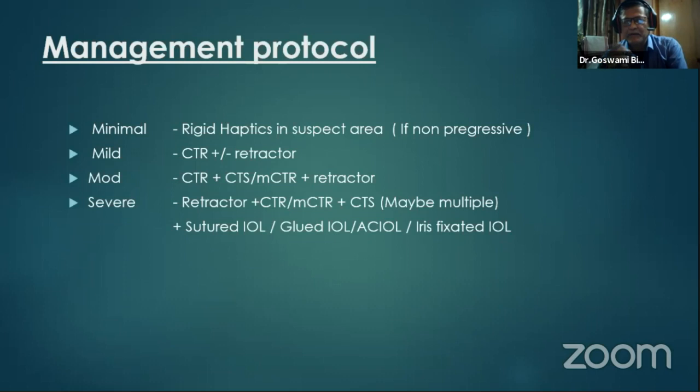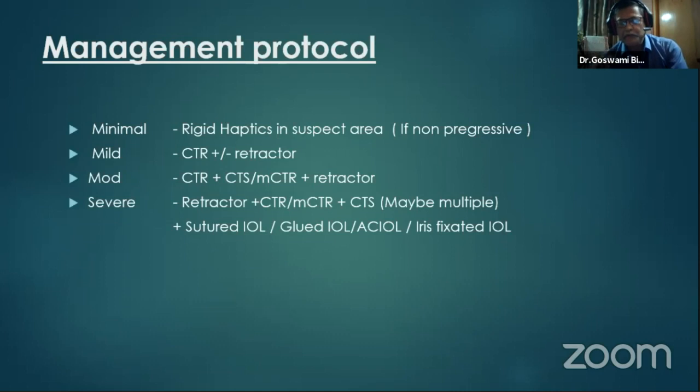But in the moderate, I will start with the retractor and go for a combination of CTR plus CT segment or a modified CTR. In the severe, I will go all the way, everything possible. If everything is not adequate, take out the lens and go for alternative IOLs: Sussard IOL, glued IOL, AC IOL, iris fixated IOL, etc.